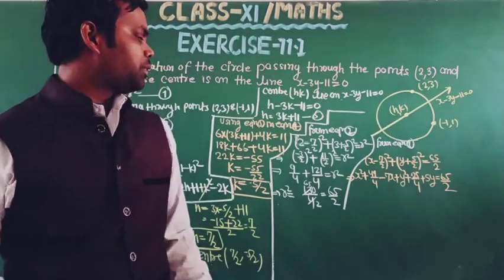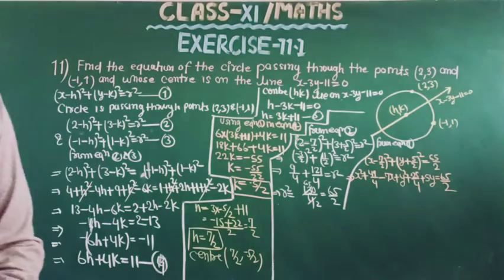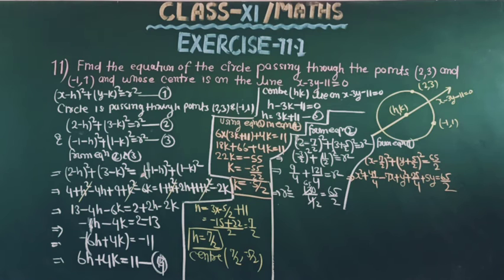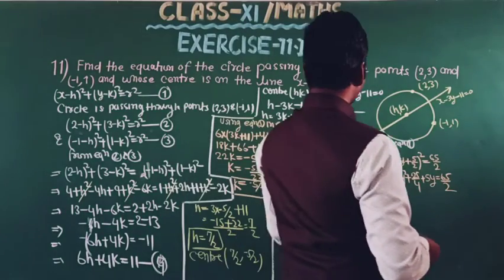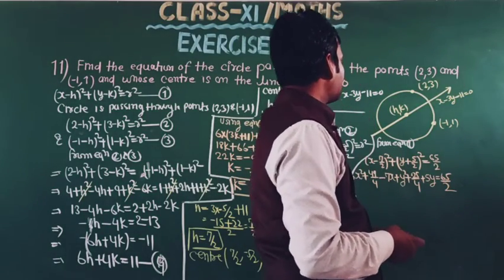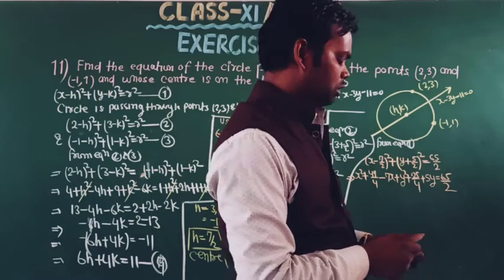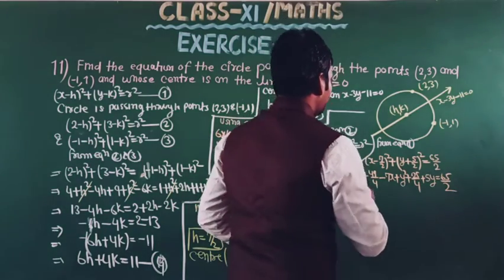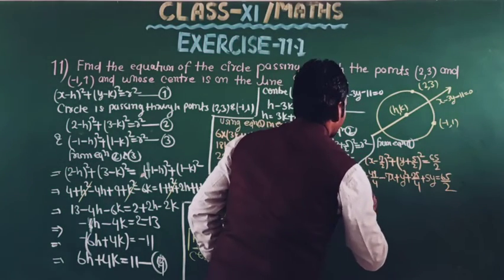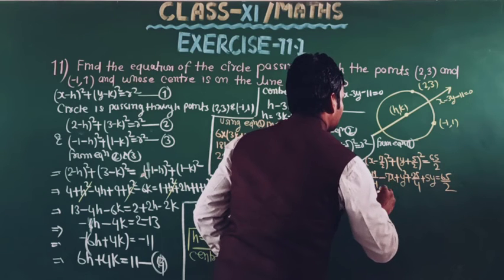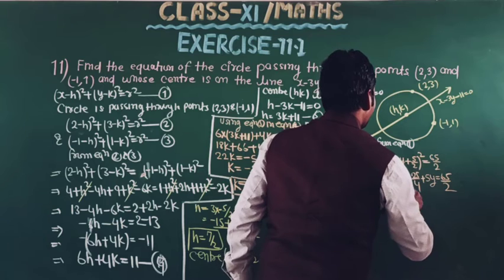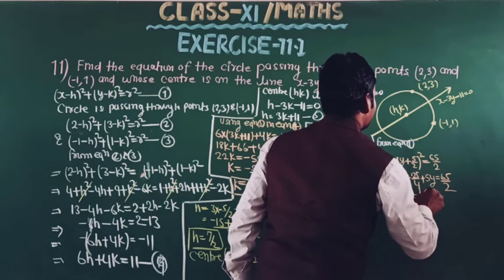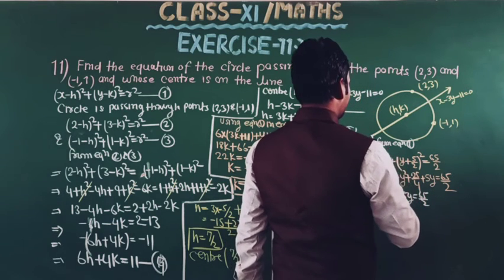So this will be x square plus y square minus 7x plus 5y equals 65 by 2 minus (49 plus 25) by 4.